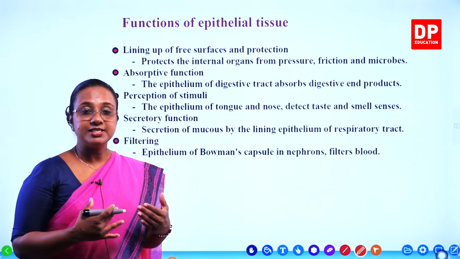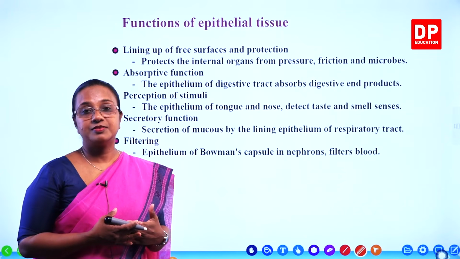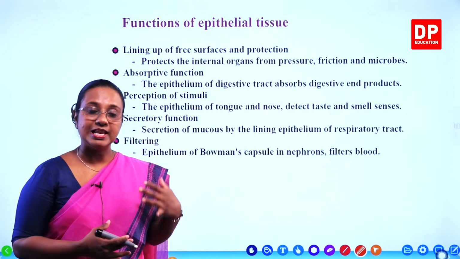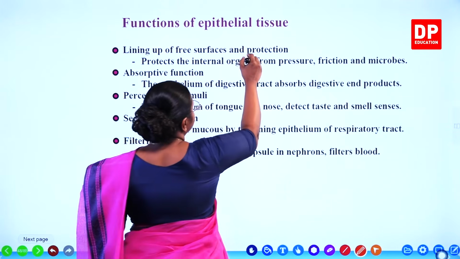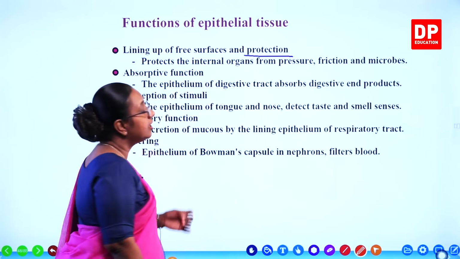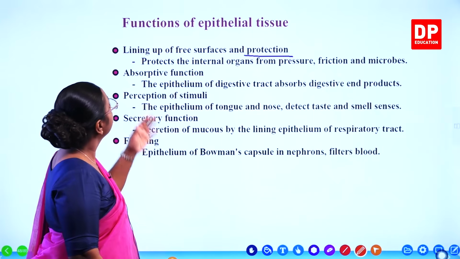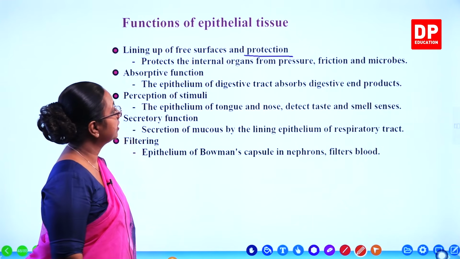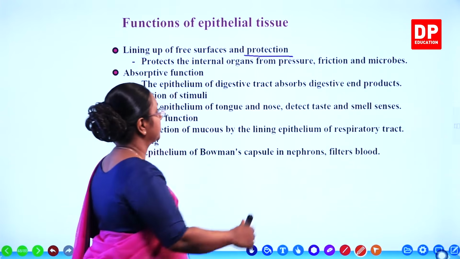Epithelial tissue lines the free internal and external surfaces of organs as well as the body. By doing that, it provides protection to the organism as well as the organs. It protects the internal organs from pressure, friction and microbes.